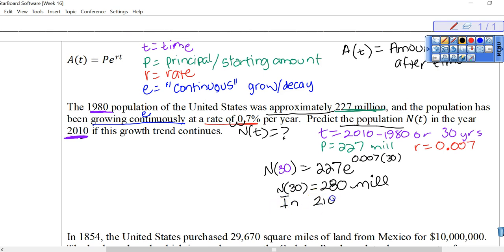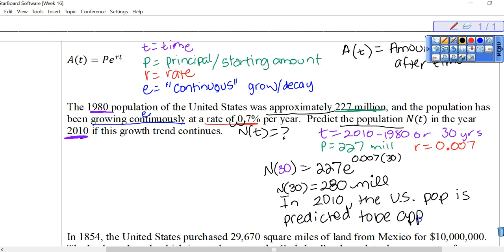In 2010, the U.S. population is predicted to be, or was predicted to be, because it's already passed, approximately 280 million.